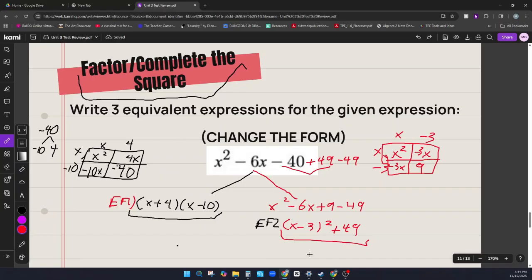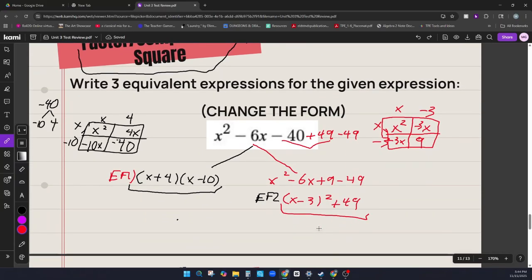And what's going to happen is if I multiply these out, I'm going to get some new expression by multiplying out my x minus 3s. Oh, as a matter of fact, I missed a form. We could absolutely call this EF3. Because this is a different form than either my standard or my EF2. So yeah, I would absolutely count this.